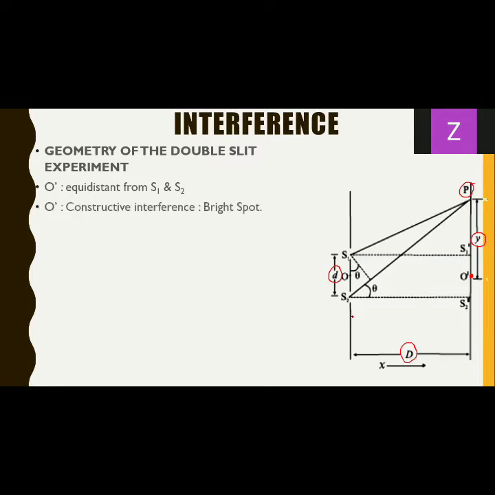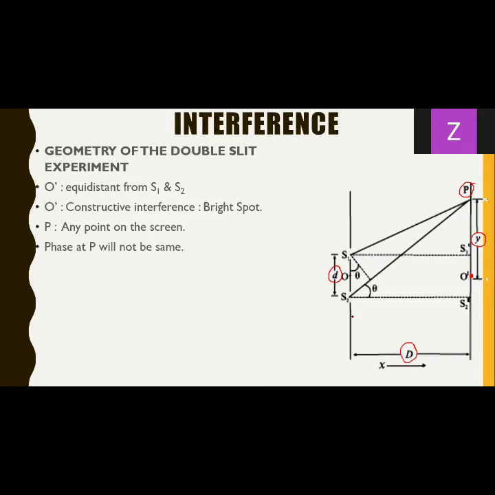How did we come to know this? From experiment itself. Now we consider P is any point on the screen, and we don't know what the phase at P will be, but we know that at P the phase will not be the same.